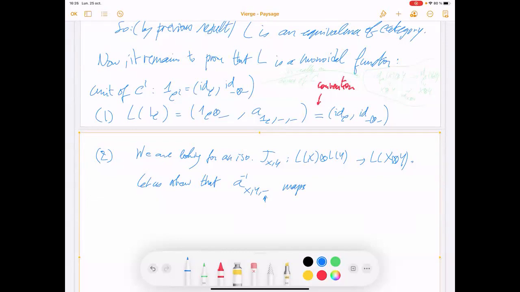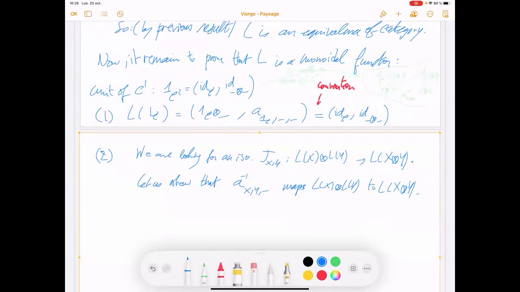So we need to show that map LX tensor LY to L(X tensor Y). Not exactly that. Yeah, no, it should be okay. This is that.